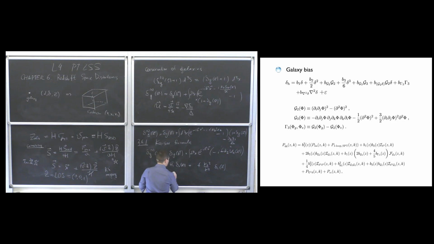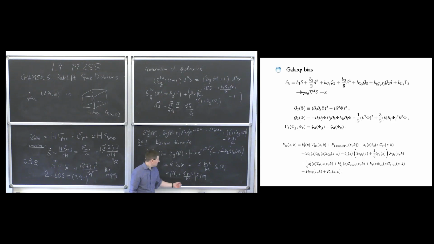So in other words, we're going to get an expression that looks very similar to the usual linear bias, but then it has an extra dependence on the wave vector. So now we can see from this expression that the clustering along the line of sight, where kz is non-zero, is enhanced.